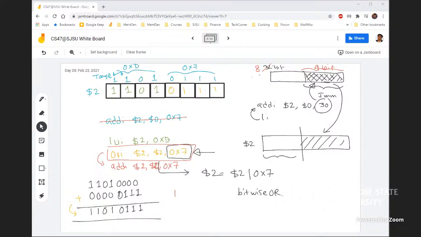That would be completely wrong, because this result is 0, 0, 0, 0, 0, 1, 1, 1. The result of this addition is still 8 bits. So your value will become 0, 0, 0, 0, 0, 1, 1, 1. So it overwrites the first half.